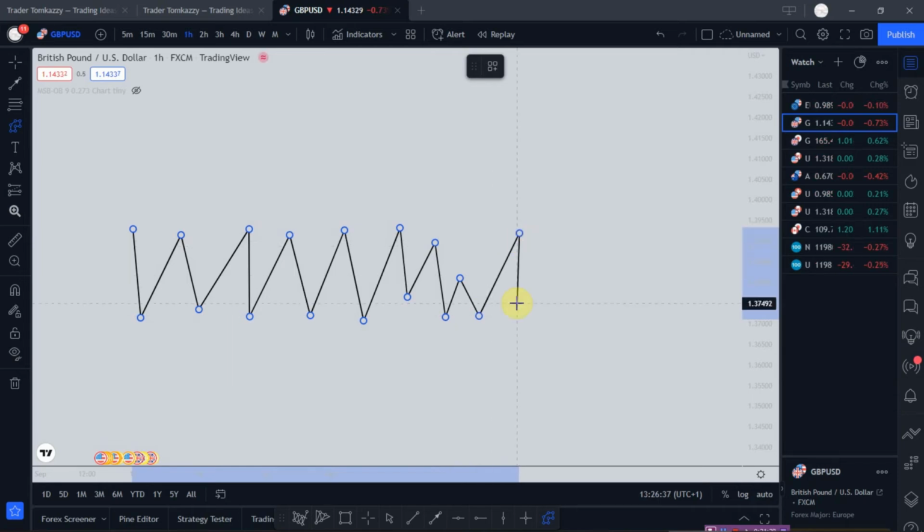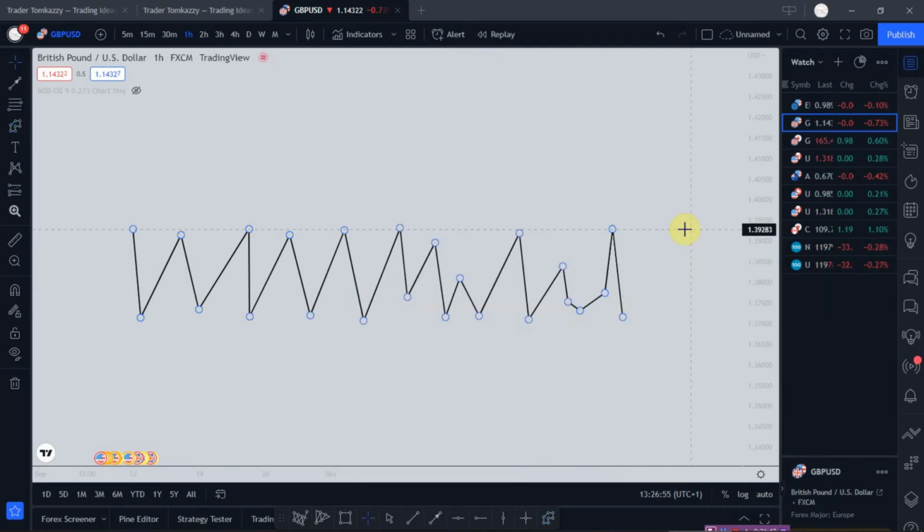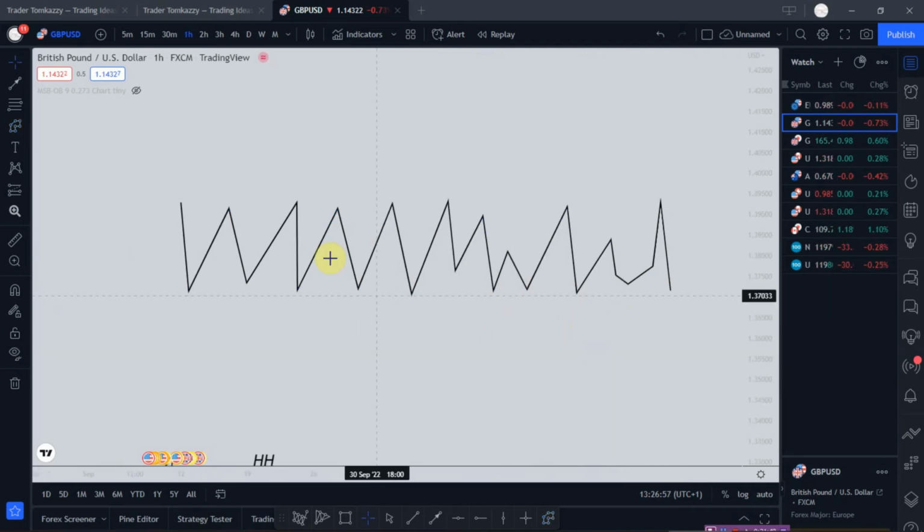And this is where manipulation takes place a lot. So you can see the market is neither going up nor coming down.